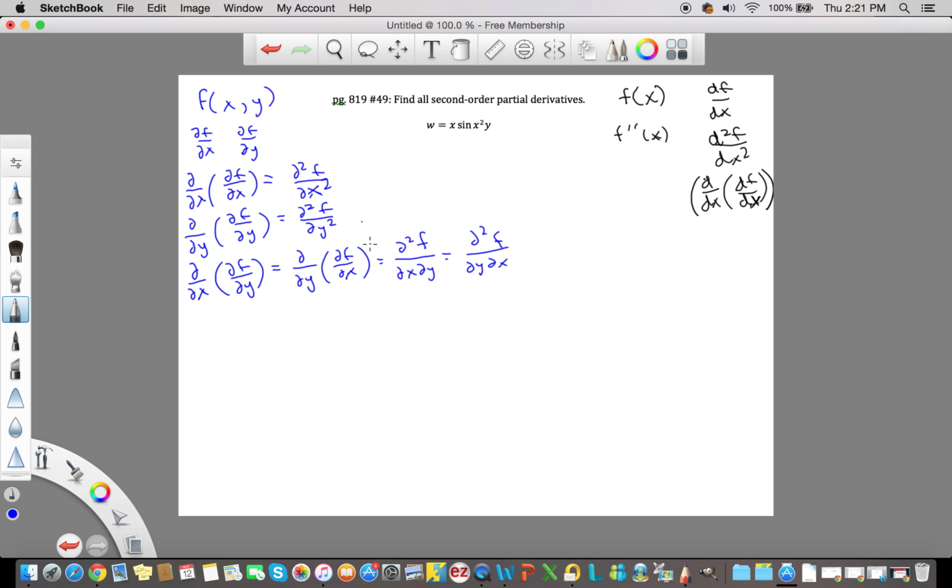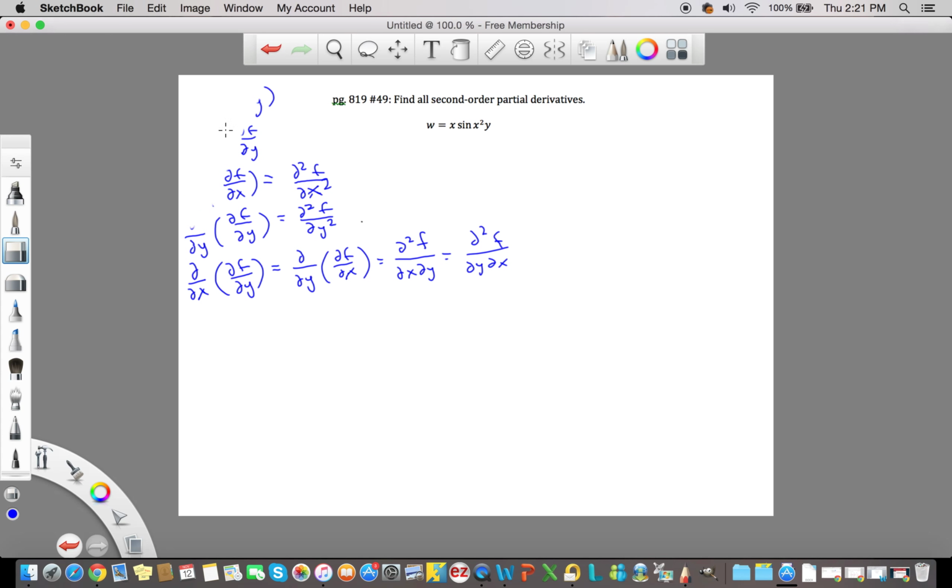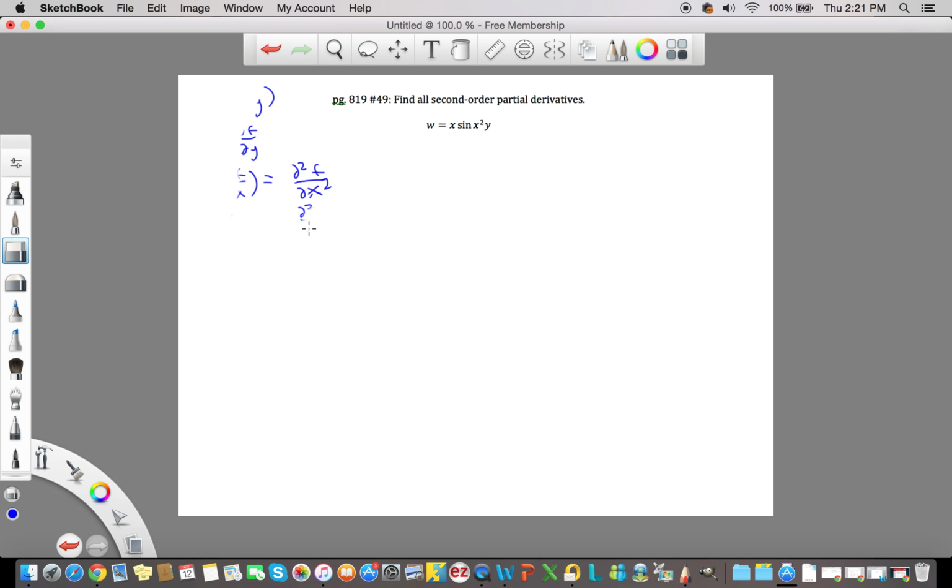So I'm going to clean this up a bit by erasing some of that stuff. That's just to show you where those second derivatives came from. I'm going to write out again the second order partial derivatives that we're looking for. Let me get my pen tool.